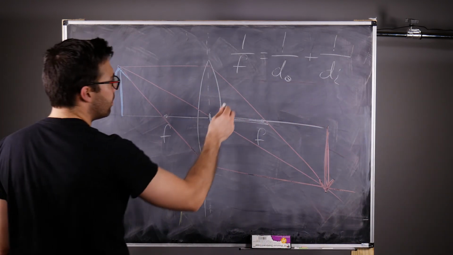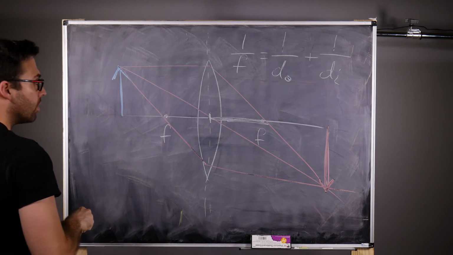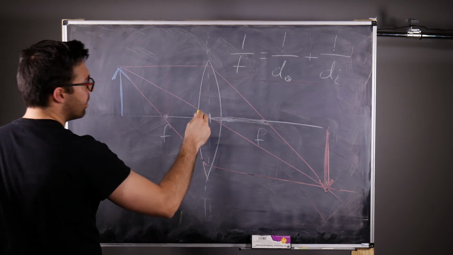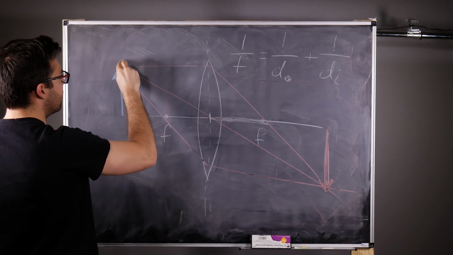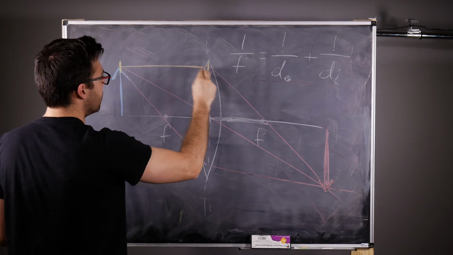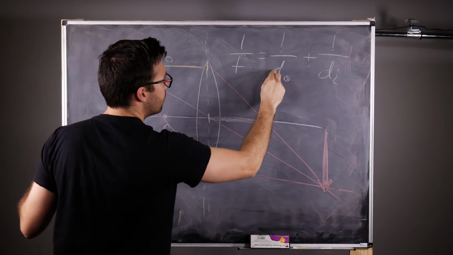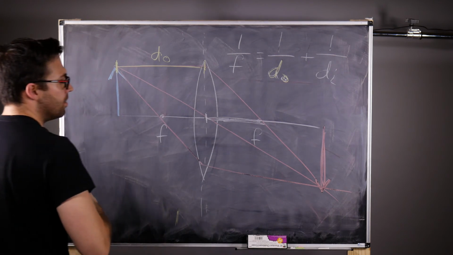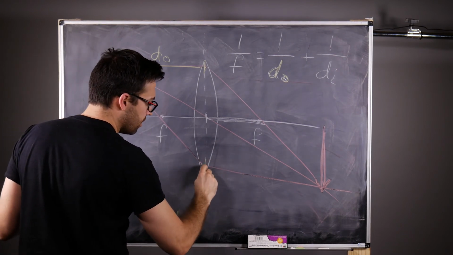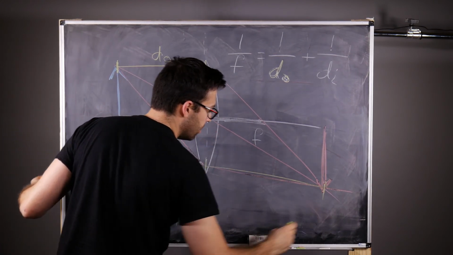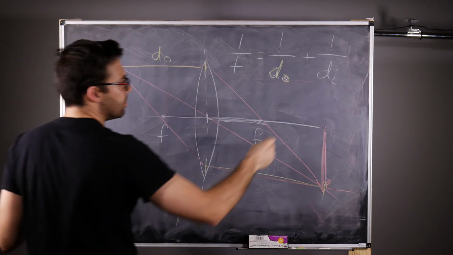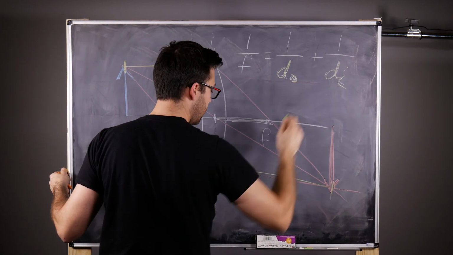F is in white. Distance to the object is going to be here to the center of the lens, dO. And distance to the image is going to be this straight distance from here to here. So this is di in green, di.